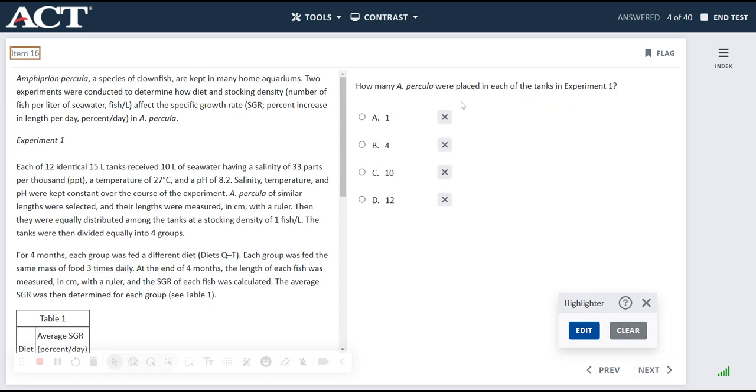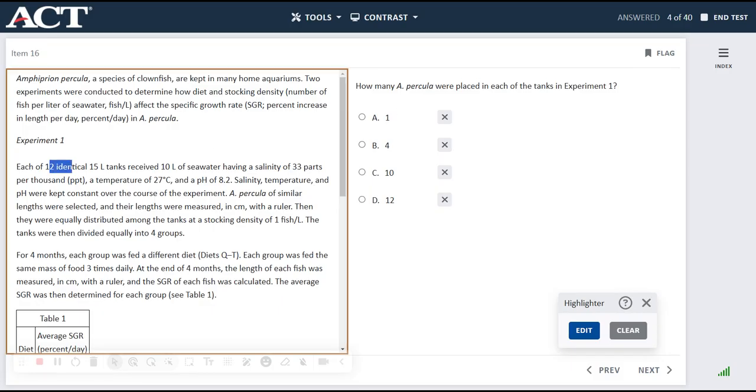How many fish were placed in the tanks in experiment 1? Okay. Experiment 1, we have 12 identical 15-liter tanks, each receiving 10 liters of water. Let's highlight that again. Similar fish were selected and measured.